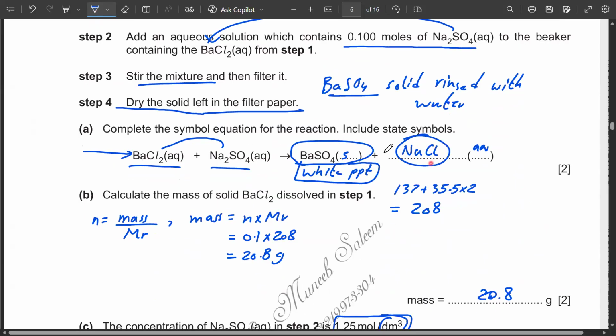So we can say that the sodium chloride could also be the reason for an additional amount of mass, or for a high value of the mass, because it is already in the aqueous form.